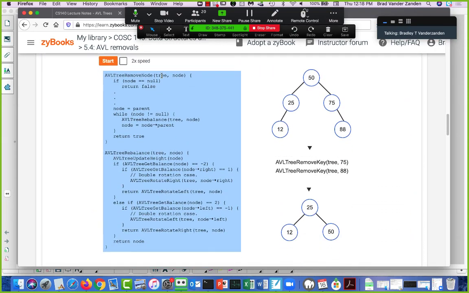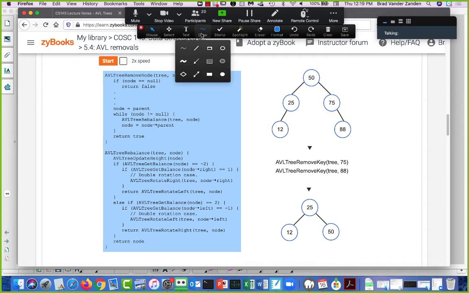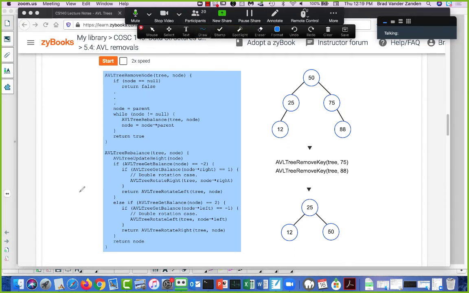So here's the tree removal code. It has dot, dot, dot here.